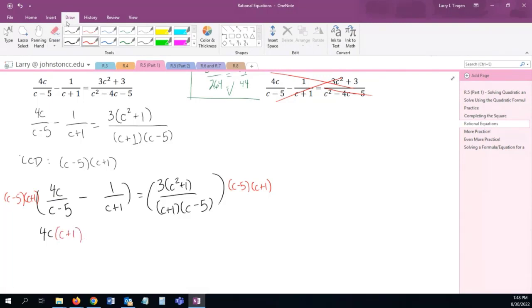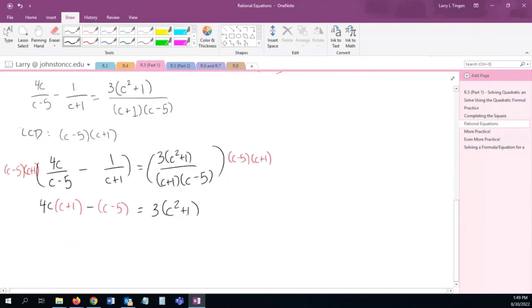The c plus 1 is what comes with. Next, the denominator is c plus 1, so the c plus 1's divide away, which means the only thing left is the c minus 5 equals. And on the right, the c minus 5 and the c plus 1 both divide away, just leaving me with 3 times c squared plus 1.